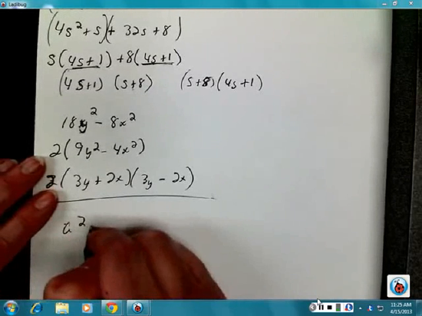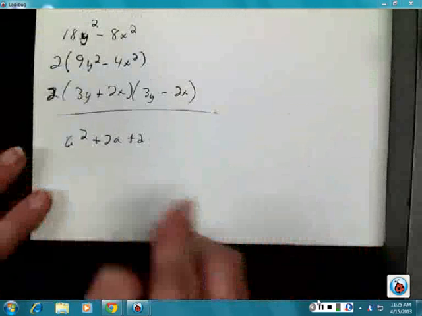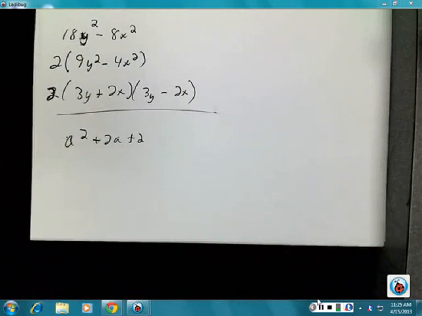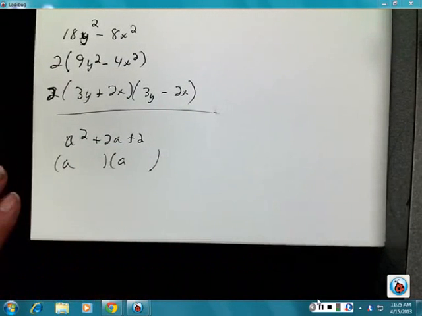How about this one? A squared plus 2a plus 2. What about that one? Now let's try it here. You said an a and an a, right?